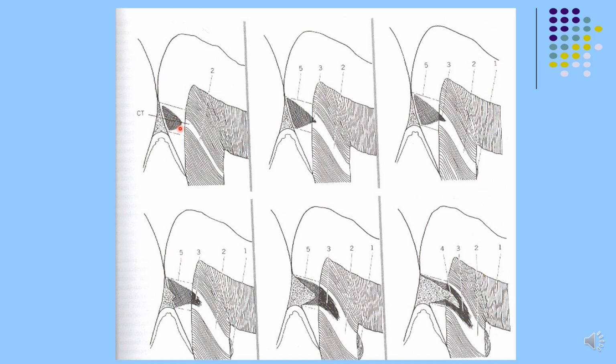The most important thing to appreciate here is that even before the enamel caries actually reaches the DEJ, because of the percolation of bacterial components and organic acids, there is already a change taking place in the dentine.